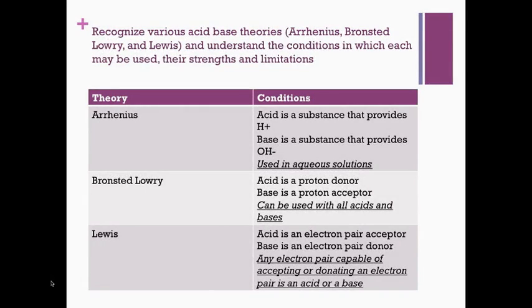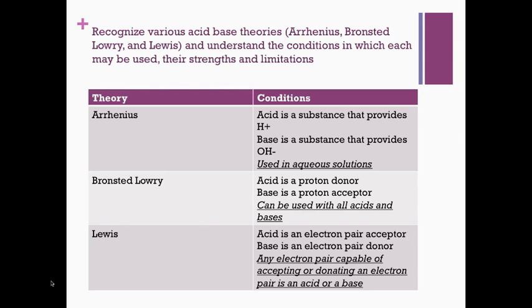The next assessment criteria asks you to recognize various acid-base theories. There are three: Arrhenius's, Bronsted-Lowry's, and Lewis, and understand the conditions in which each may be used. Arrhenius historically was the first to come up with a workable definition of acids and bases.